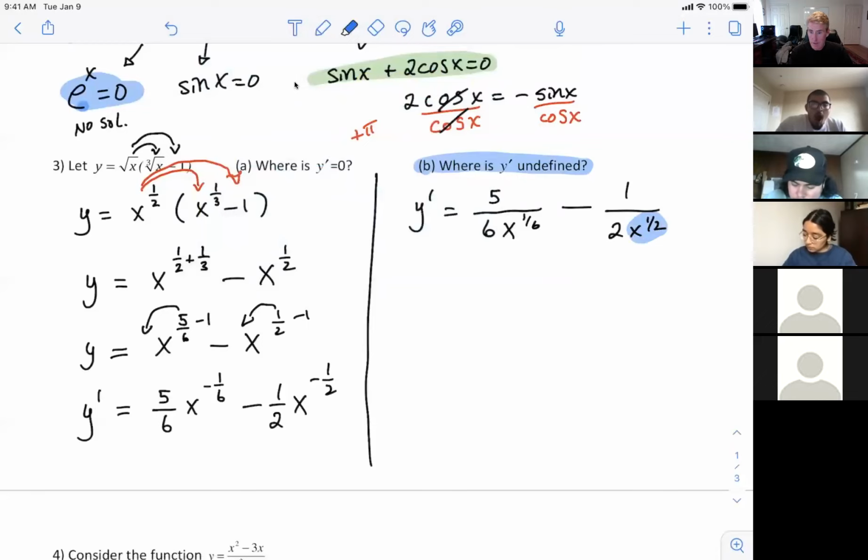And x cannot equal 0 either. So where is it undefined? If x, so the answer to this one is if x is smaller than or equal to 0 is where it's undefined. So for it to be defined, x has to be a positive number.